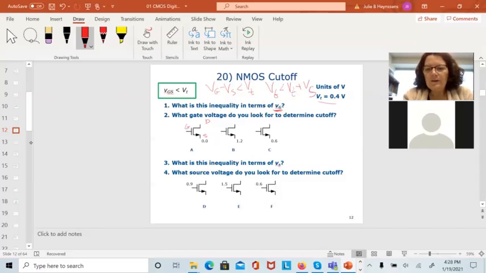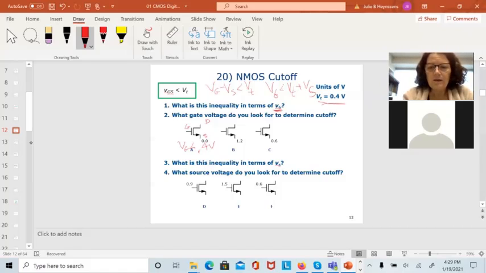So I've got VT given up here. I've got the source voltage is 0 volts. So for this one, I would need VG less than 0.4 volts to put it in cutoff. And I only have to know one terminal voltage this way. This is the advantage. I don't care about the drain because all I'm trying to do is determine cutoff.